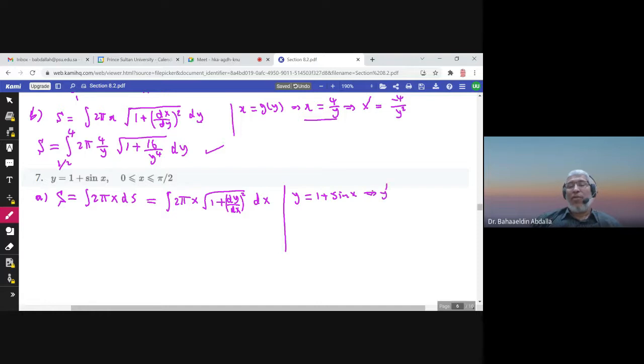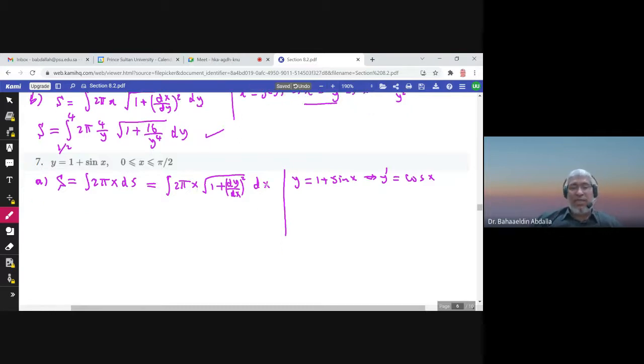So y prime, the derivative of this, is cosine x. And this is x and this is dx. Everything is nice here. And even the limits are given with respect to x. So 2 pi x square root of 1 plus y prime squared is cosine squared x dx. So the first part is very easy.